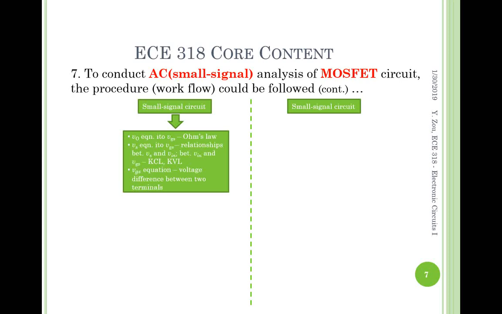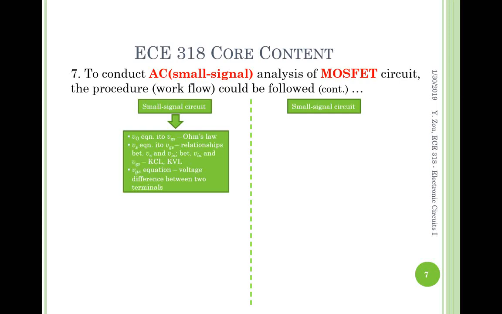Here you probably have to rely on a middle variable, which is Vin, the input voltage to the transistor. So you probably need to utilize KCL or KVL to establish the relationship between VS and Vin, and then Vin to VGS. So two steps of linkage for a VS equation in terms of VGS.